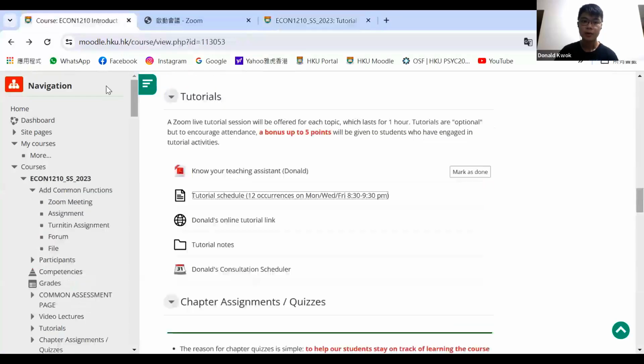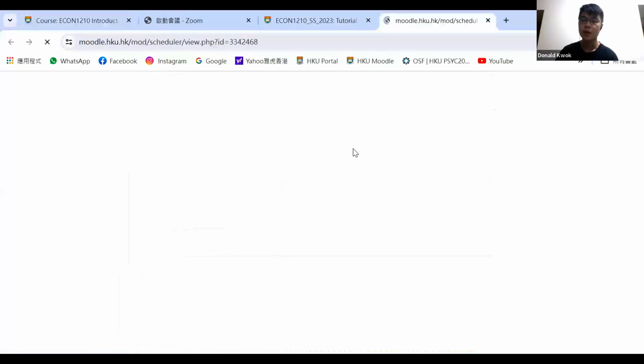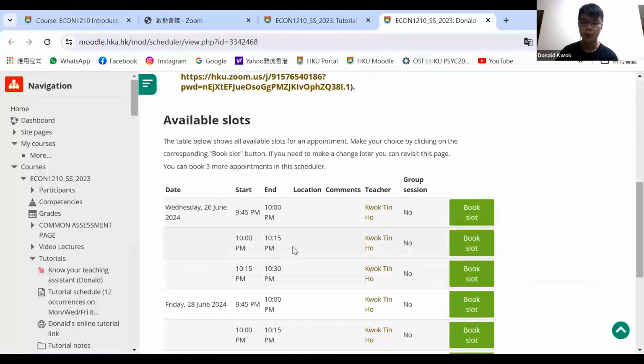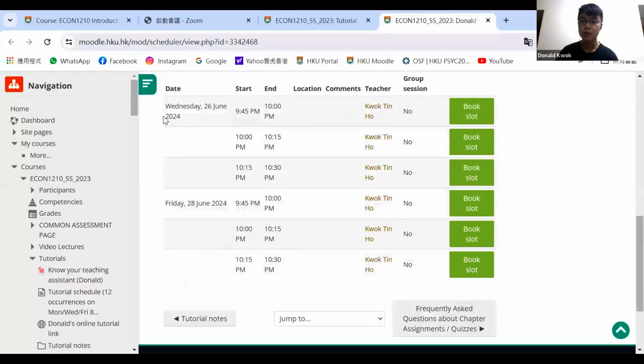For the consultation reservation, you click this one, Donald's consultation scheduler, and you should be able to find some slots that you can book. If you'd like to meet me during the regular consultation hour, just reserve a session here. Or alternatively, you can also reserve a session with me via email. Okay, so this is a little bit of the arrangement.